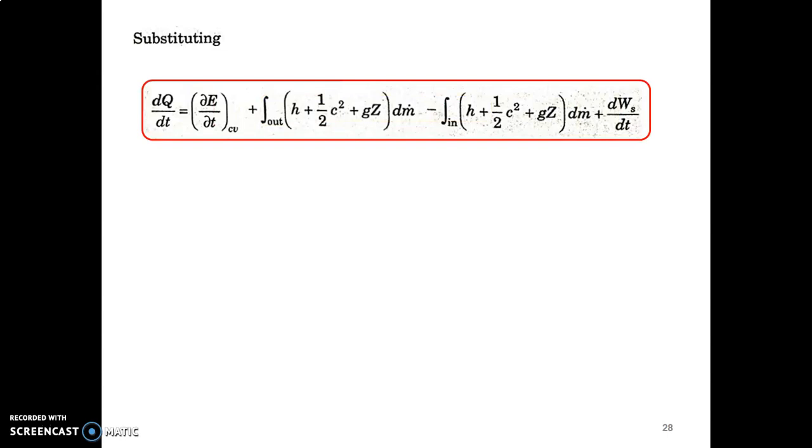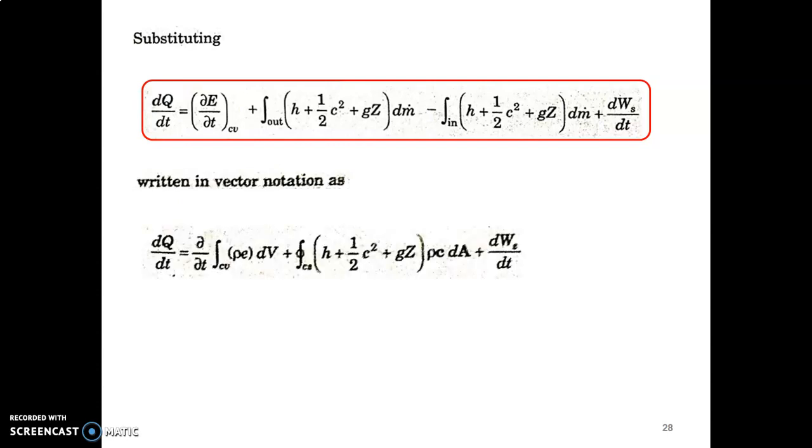Now this can be considered as an integral form of the energy equation. Now we will take the vector notation. By taking the vector notation, we will not consider the outflow minus inflow. Instead of that, we will consider it as a single term, as a surface integral, as we have done in the previous derivations.